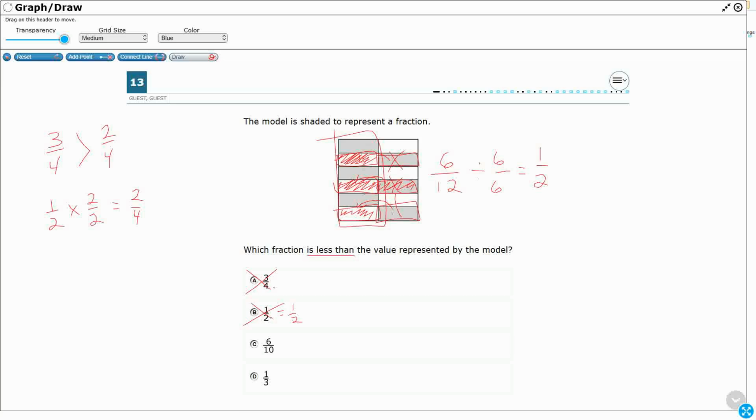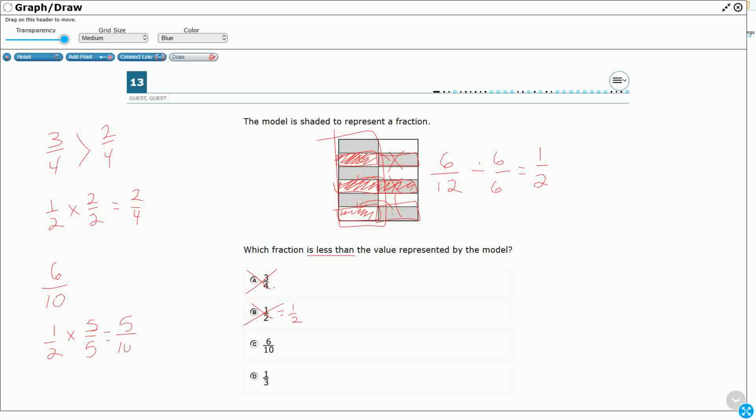Let's check 6/10 and 1/2. If I count out my 10's and I count out my 2's, the least common multiple, the first number that's on both lists, would be 10. So I'm not going to mess with the 10's. I'm just going to multiply this by 5/5. Remember, this is an equivalent fraction because 5/5 equals 1. When you multiply by 1, you're not changing the number.